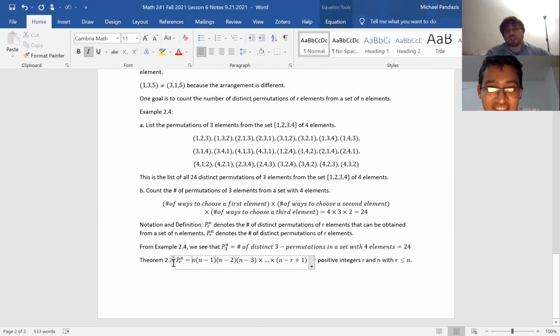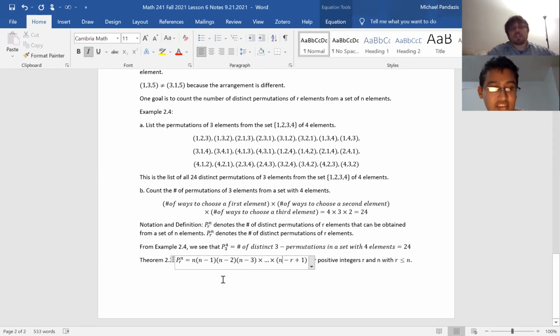Every part of this symbol tells you something. The P is for permutation, number of permutations. The subscript r tells you you're talking about r-permutations, and n tells you how many total things there are in your overarching set. So P(r, n) is the number of r-permutations in a set with n elements.